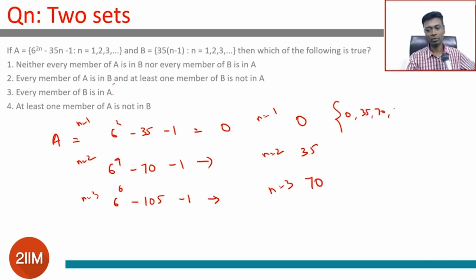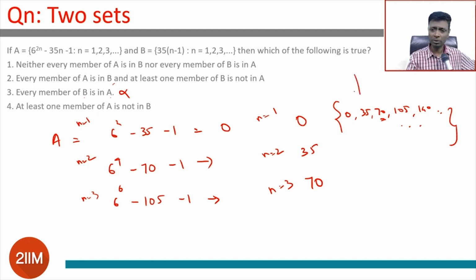Every multiple of 35 from 0 onwards, every positive multiple is there in this set. Now, this question just opens up because of this. Neither every member of A is in B, nor every member of B is in A. Every member of B is in A. This is wrong. 70 is not in A. A is galloping away. At least one member of A is not in B.